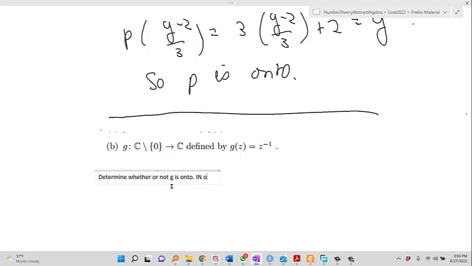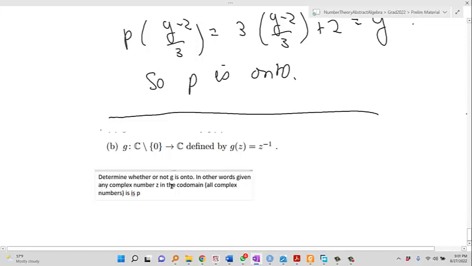In other words, given any complex number w in the codomain, which is all complex numbers, is it possible to find a non-zero complex number z such that z inverse is equal to w? I'm using w because we are already using a z.